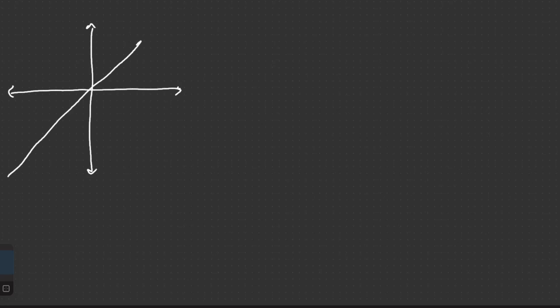What do I mean? Well, I'm gonna bring back the concept of the hole. So you can have some function like this, and let's say it's not defined at x equals 1. And this function would be x times (x minus 1) over (x minus 1).